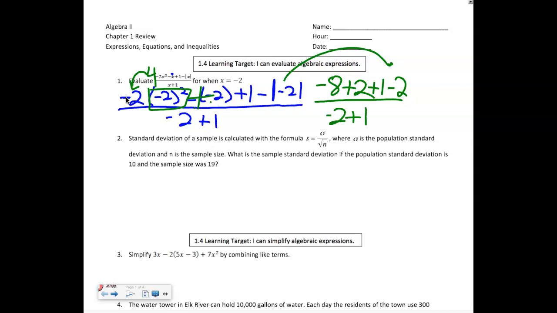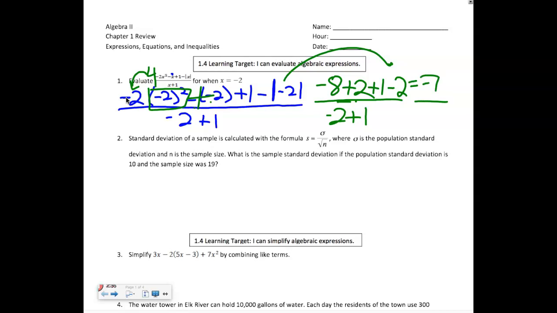All right, on top here, let's simplify a little bit. You could grab your calculators, do stuff in your head. It's up to you. I have -8 plus 2, which is going to give me -6. I have -6 plus 1, I'm sorry, -6 plus 1 is going to give us -5, and then -5 minus 2 is going to give us -7.